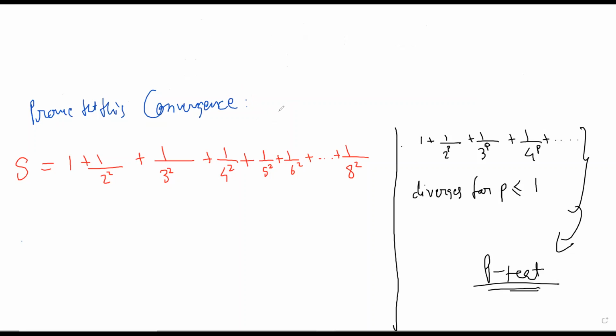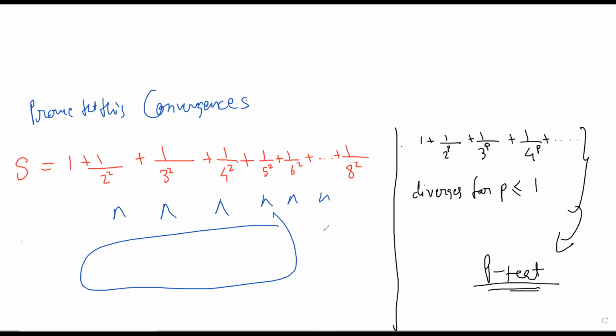But still, let's do it like this. Prove that this converges. If you want to show that it converges, then you want to upper bound it by something which also converges, because you want to make all these things less than something.